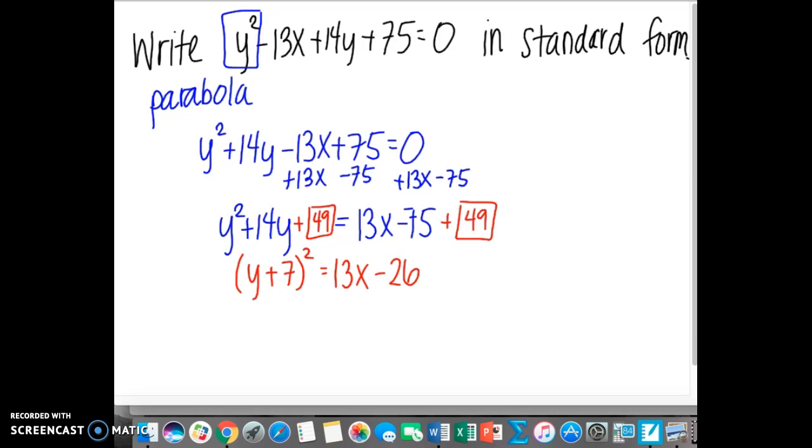And now this looks very similar to what a parabola equation should look like. However, we need to get rid of the coefficient out in front of the x. So we're going to end up having parentheses on the right-hand side as well. So we're going to go ahead and factor out a 13 on the right-hand side.